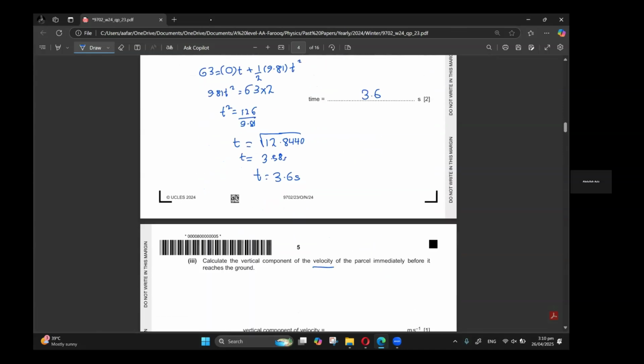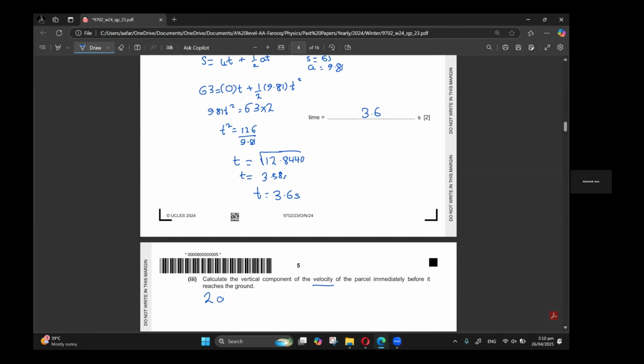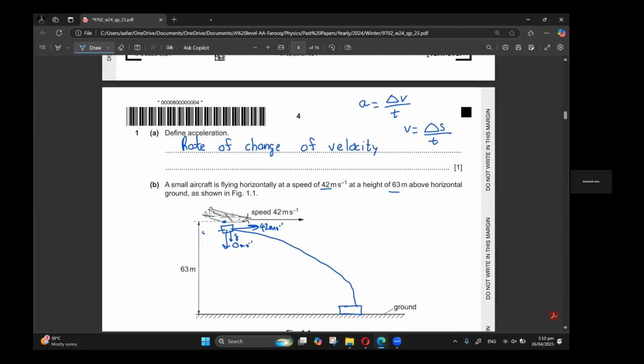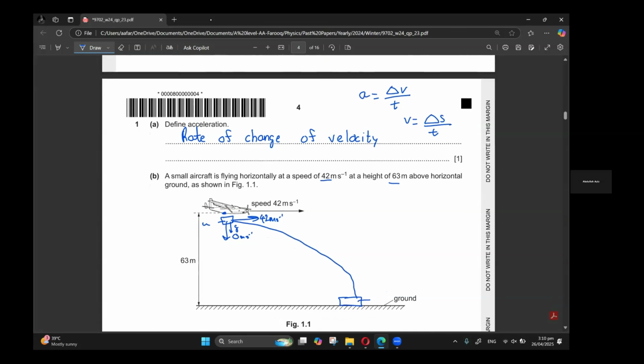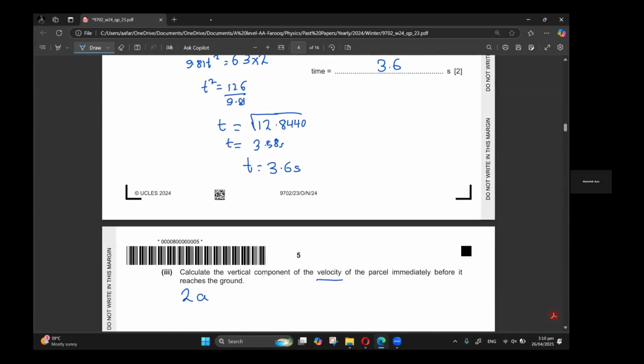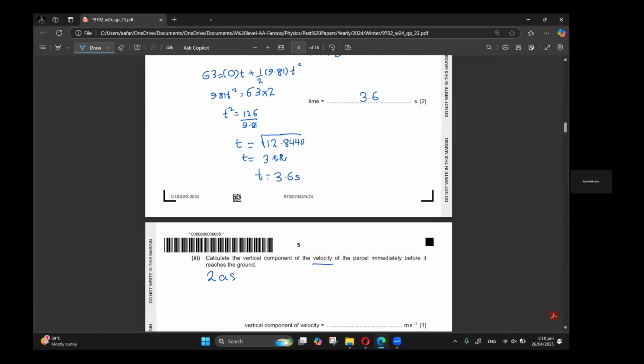So we have the initial velocity, we have the acceleration, and we need to find the final velocity. So we can use the equation 2as is equal to v square minus u square.